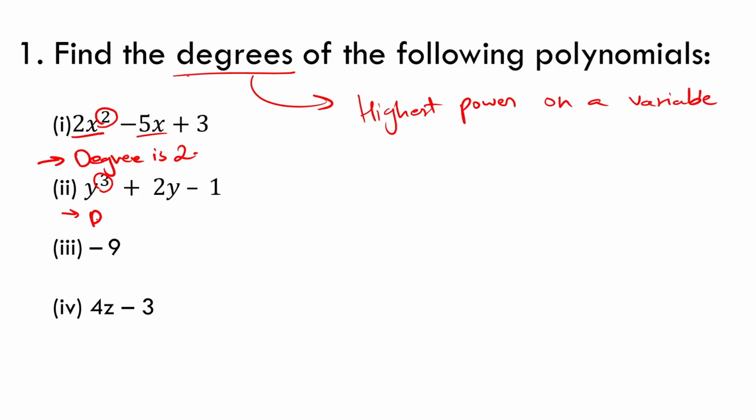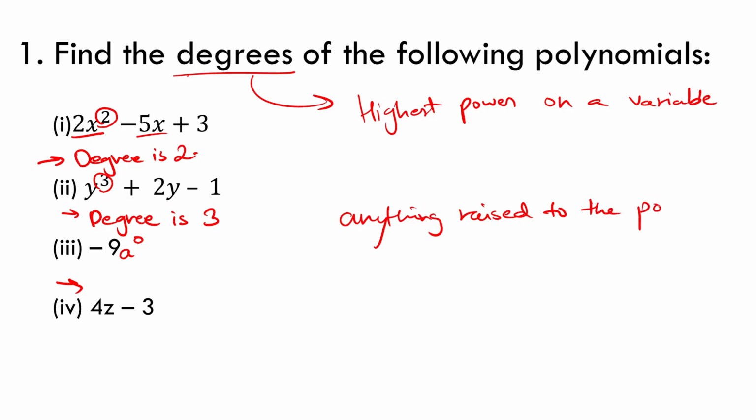Yes, so the degree is 3. Then here we cannot see any variable, but we can imagine a variable a raised to the power of 0, since anything raised to the power of 0 is 1.